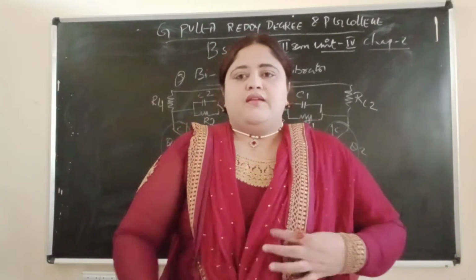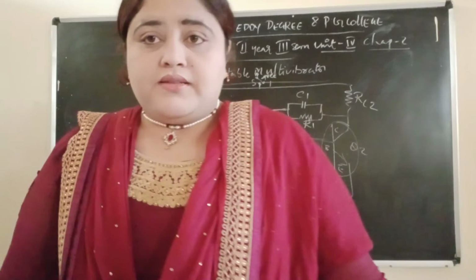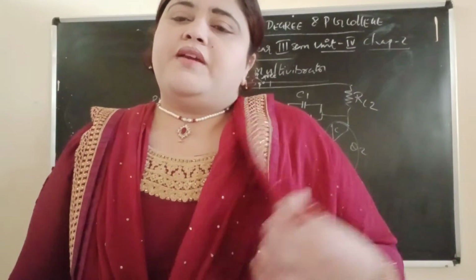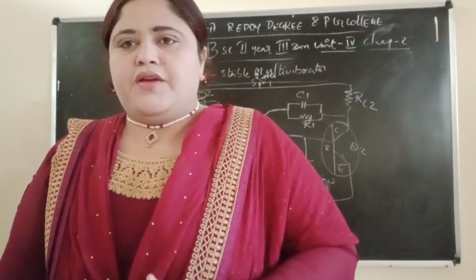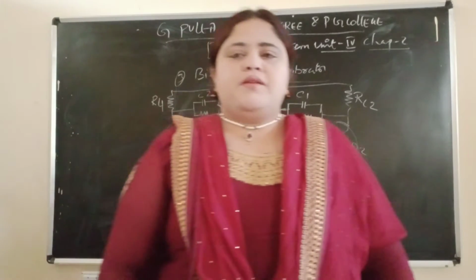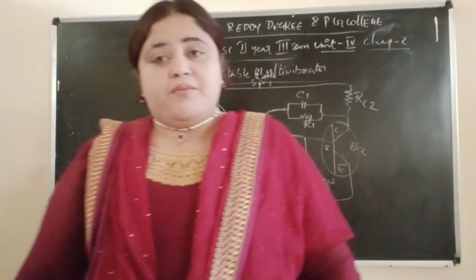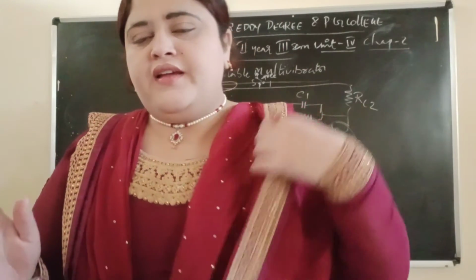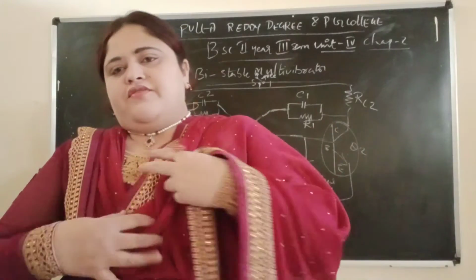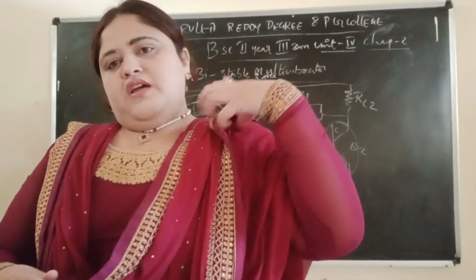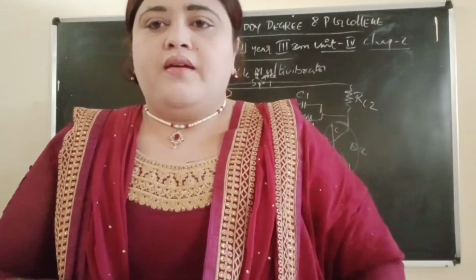If you draw this diagram and write the same operation of astable, they will give you full marks. Remember this. You should write the same operation from astable to bistable. No need of beautifying it. Simply you should know the concept.